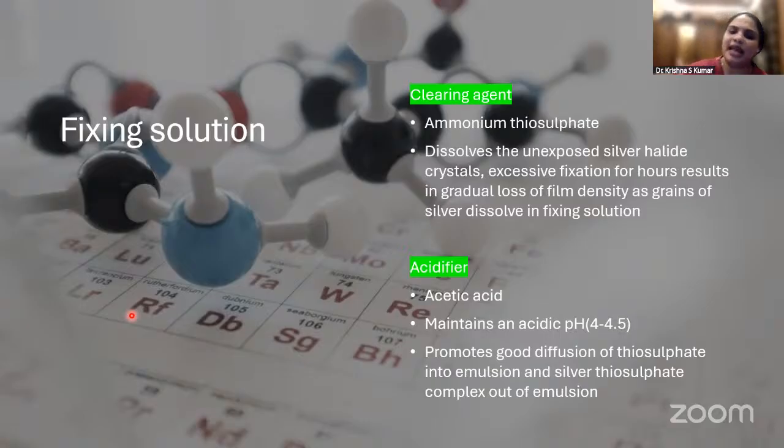There it was an alkaline agent, here it is an acidifier. Acidifier is acetic acid, which maintains an acidic pH, because that is essential for promoting the entry of the thiosulfate, the clearing agent, into the emulsion. It also makes sure that the combination of the unexposed silver halide crystals with the thiosulfate, that is the silver thiosulfate complex, moves out of the emulsion.